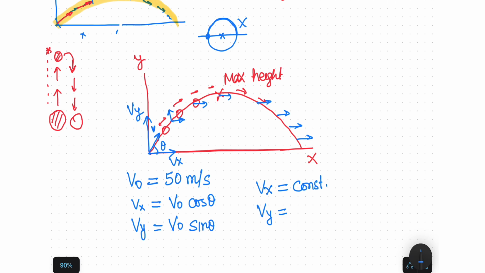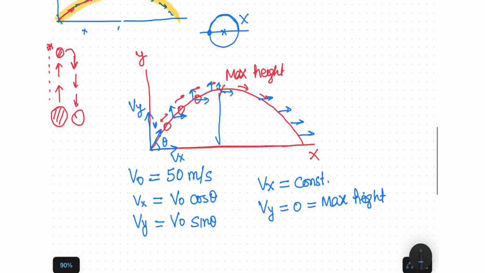Vy is higher, then decreases, and at the maximum point Vy will be 0. So Vy will be 0 at what position? Maximum height. At this maximum height Vy will be 0, but remember Vx will not be 0 at the maximum height.